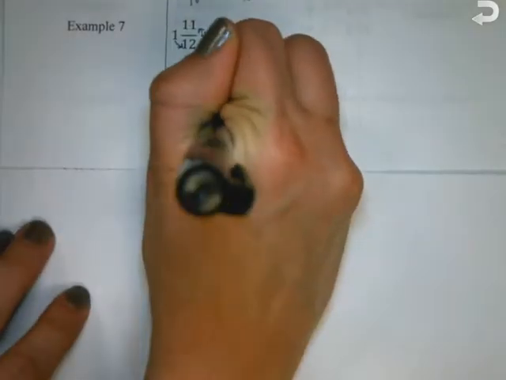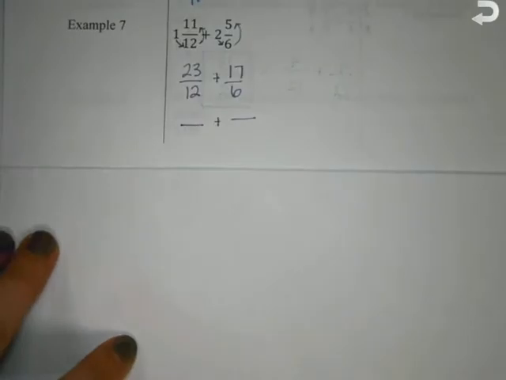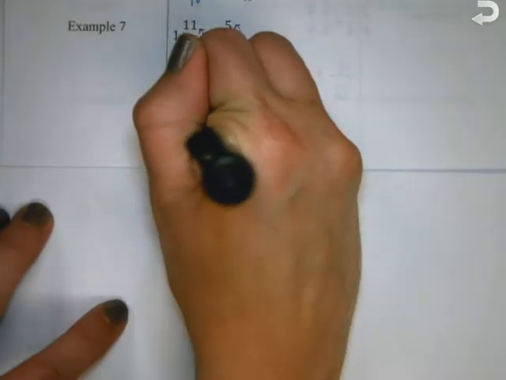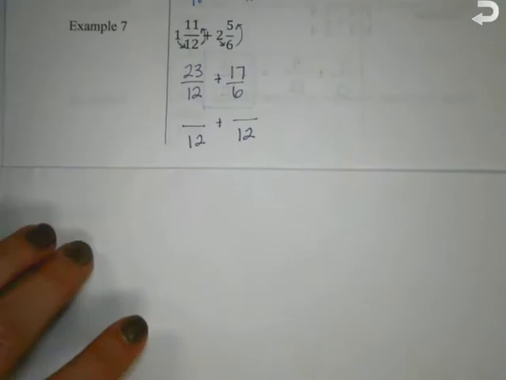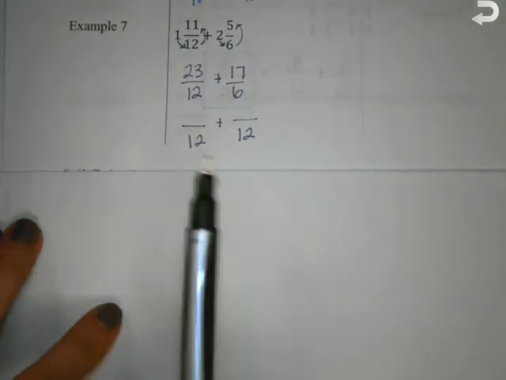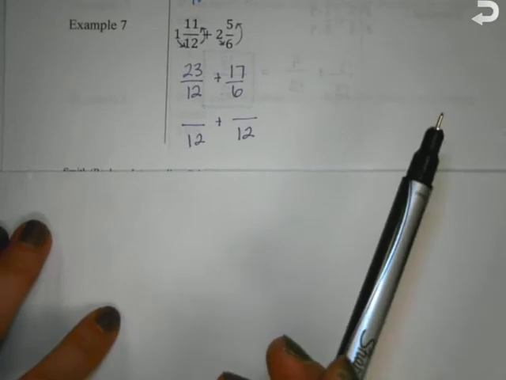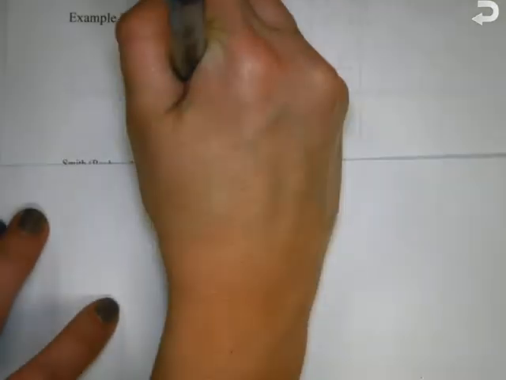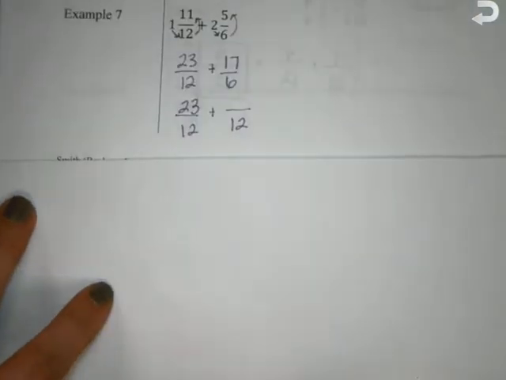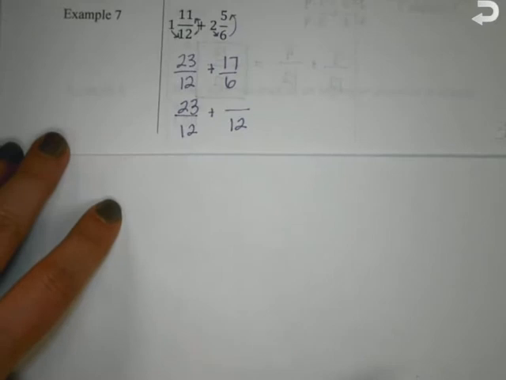It stays the same. Excellent. What about 17 over 6? You have to multiply times 2. Good. I have to multiply by 2 because 6 times 2 is what gives me 12. 17 times 2, I'm not going to make you guys do it. It's 34. Okay, let's do it.